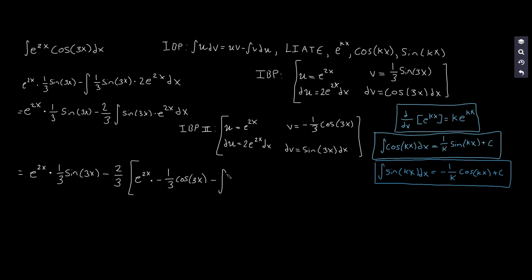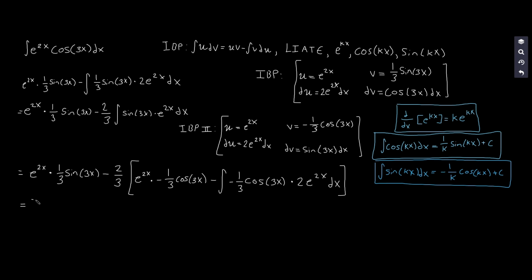Minus, let's see, the integral here is going to be v du. So the indefinite integral of v, negative 1/3, 2 times e raised to the power of 2x, integration with respect to x. And just simplify what I can here.